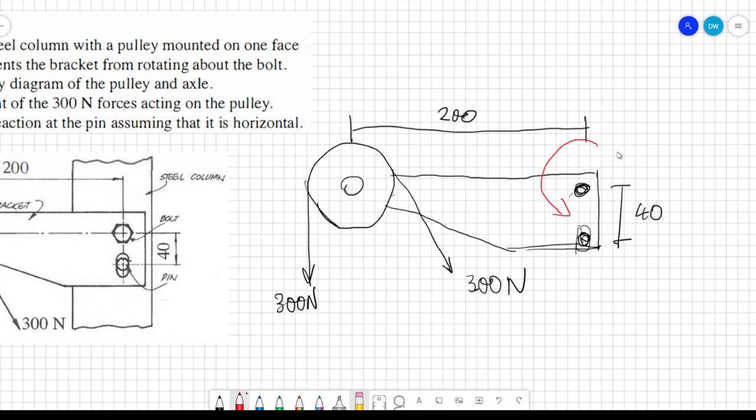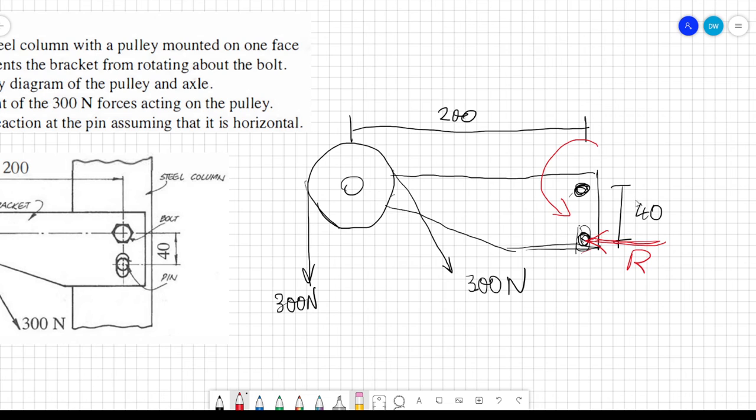What's stopping it from spinning will be the reaction on this pin, because the pin is being pushed against the side of the slot, as you can see here. So a reaction here will produce the moment about 40, which spins the whole structure clockwise, canceling out this particular moment.